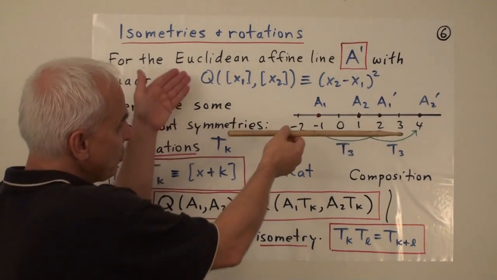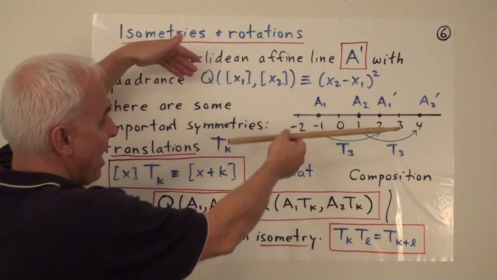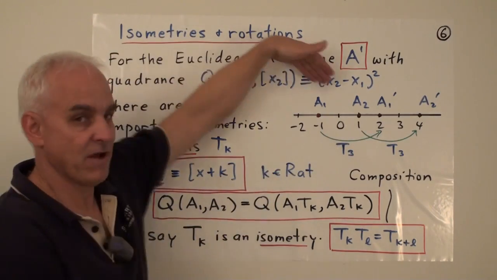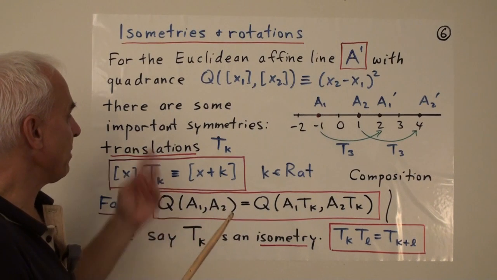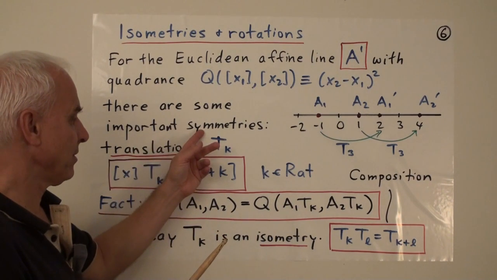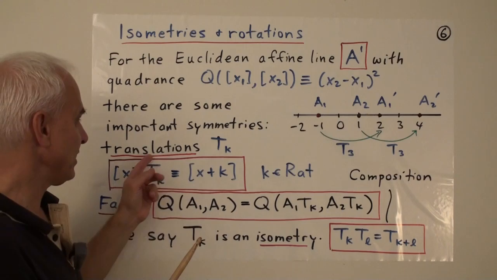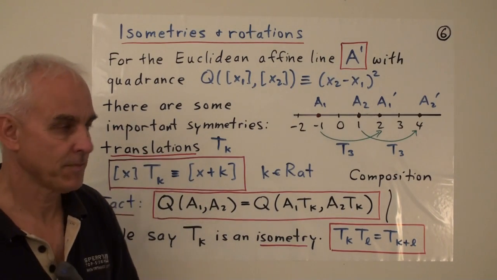Then this Euclidean structure that's imposed on the affine line by specifying this metrical structure has associated to it some important symmetries. And these symmetries are translations.